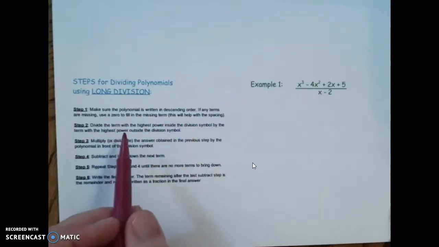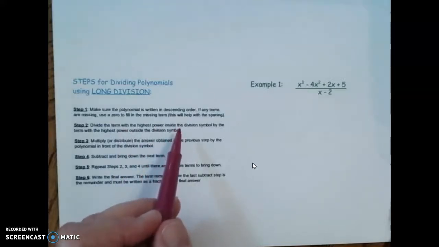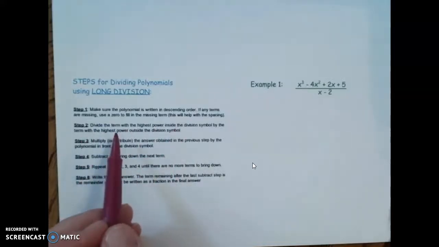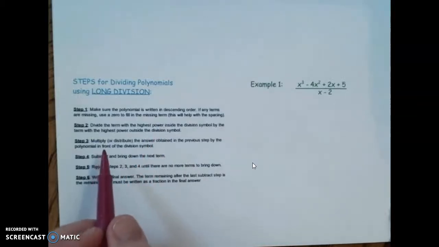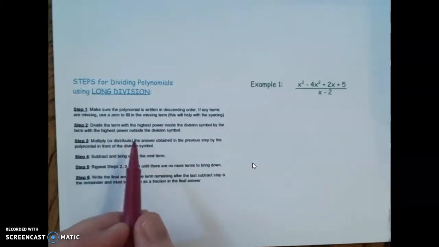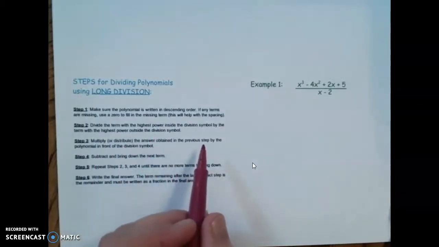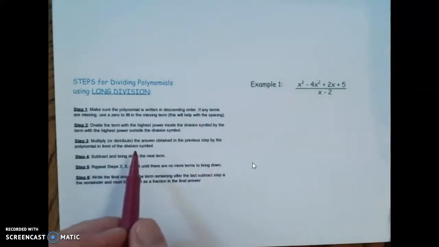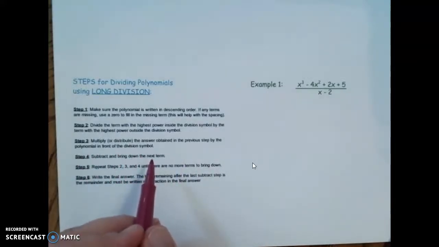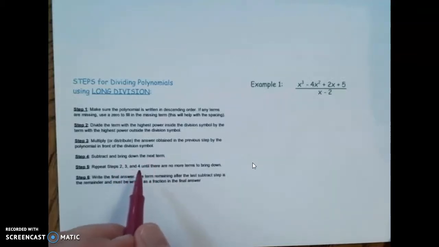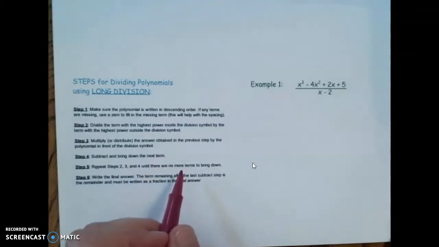You'll divide the term with the highest power inside the division symbol by the term with the highest power outside the division symbol. You're going to multiply or distribute, which we did up top, the answer obtained in the previous step by the polynomial in front of the division symbol. We'll subtract and bring down the next term. We'll repeat those steps until we have no more terms to bring down.